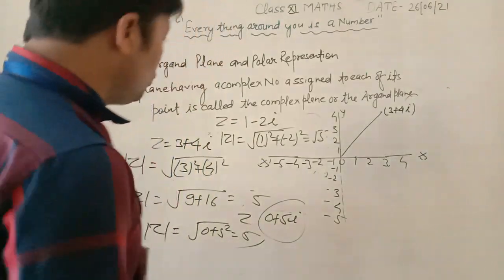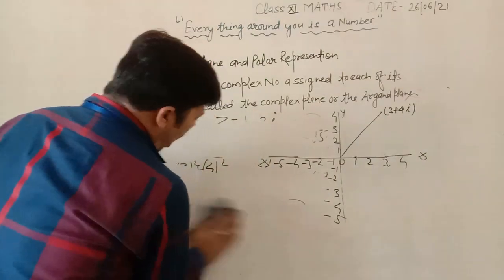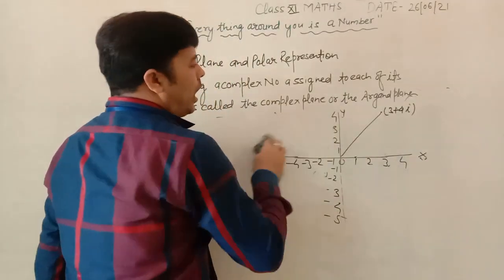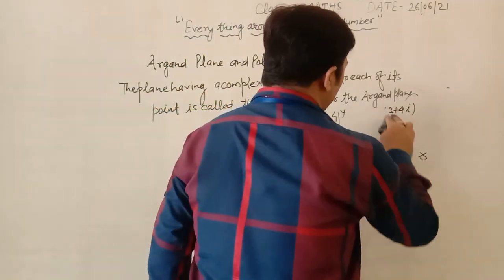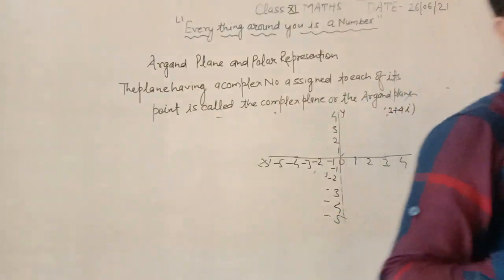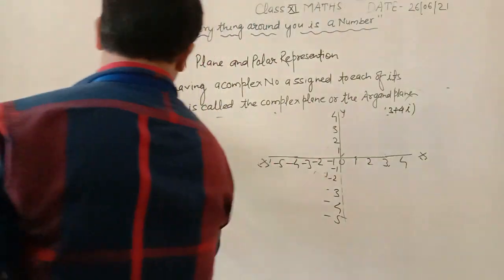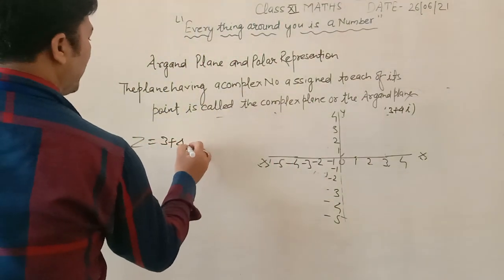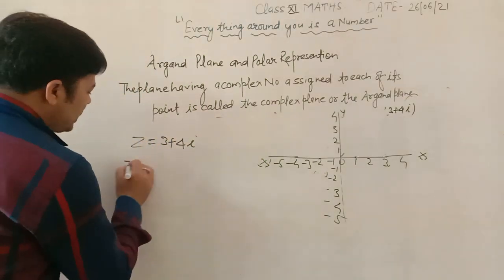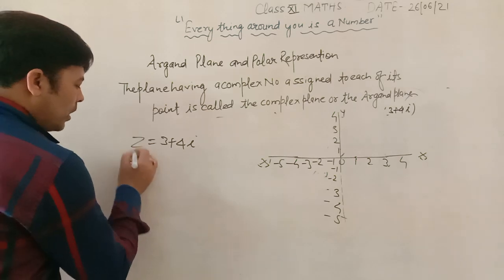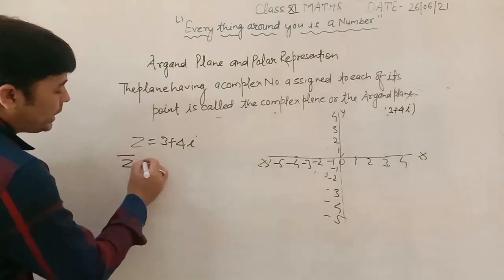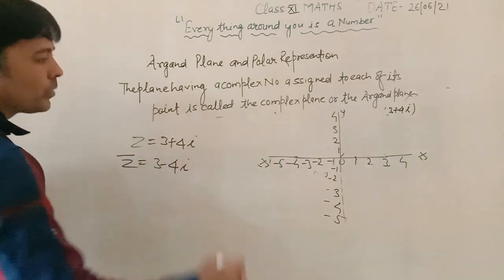Now, one more thing: how we represent a complex number and its conjugate. Suppose you are given z equal to 3 plus 4i. If you need to represent its conjugate, it is 3 minus 4i.